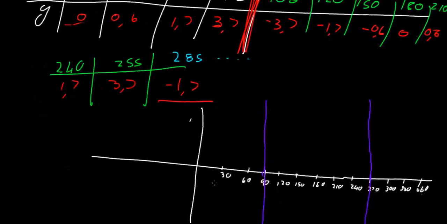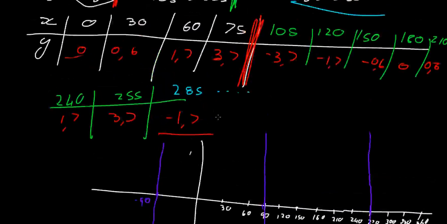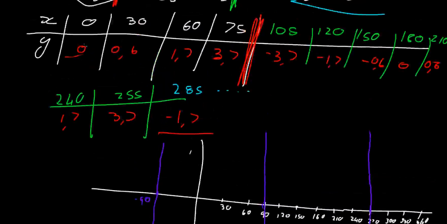Then, if we look on the negative scale, our asymptote here will be at negative 90. Okay. So, how the tan graph looks. If we start, x equals 0, y equals 0. That value is here. Then 30 degrees and 0.6, 60 degrees and 1.7, 75 degrees and 3.7.